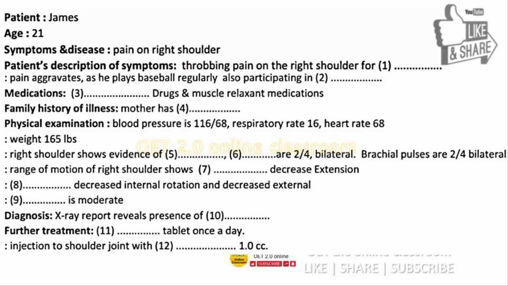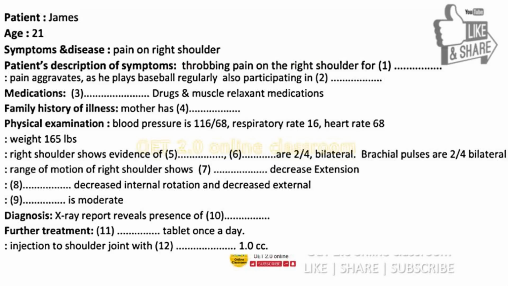Bilateral. Range of motion of your right shoulder shows decreased flexion, decreased extension, decreased adduction, decreased internal rotation, decreased external rotation. Left shoulder is normal. External rotation is fair. Internal rotation is poor. Rotator cuff impingement is moderate.